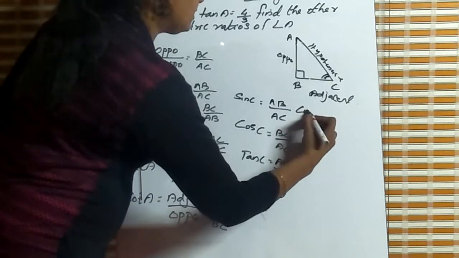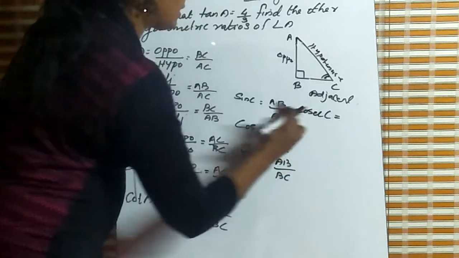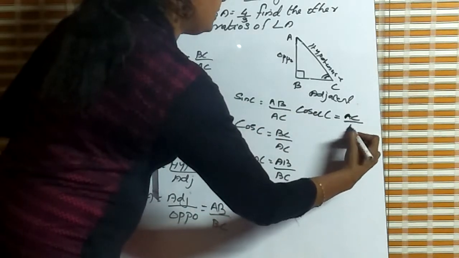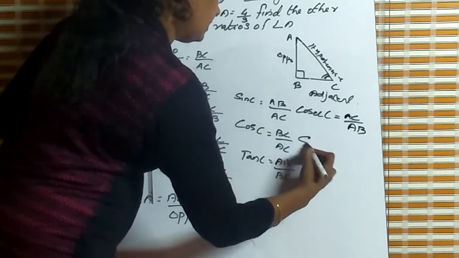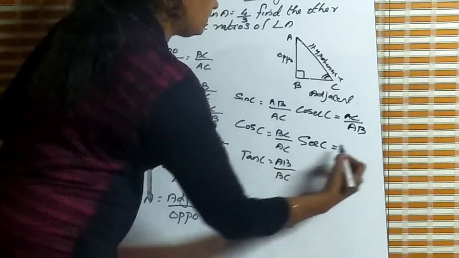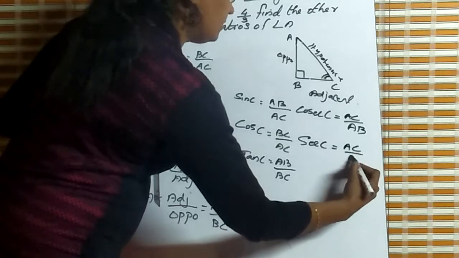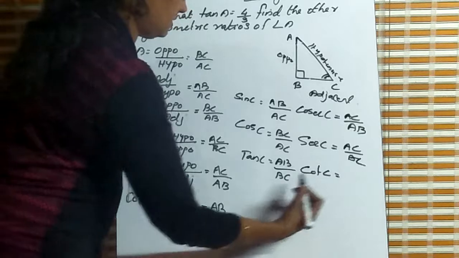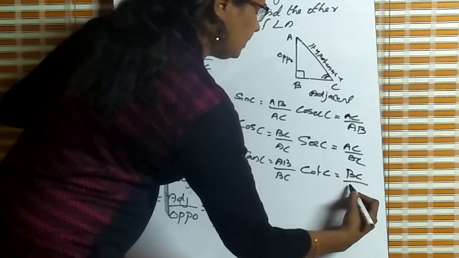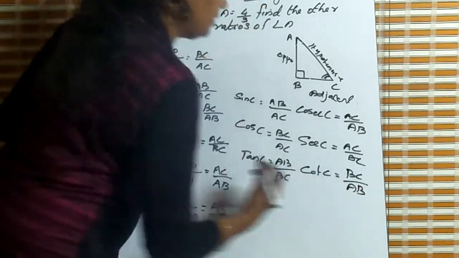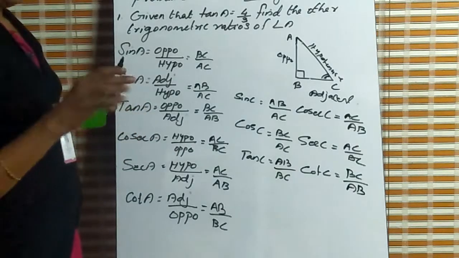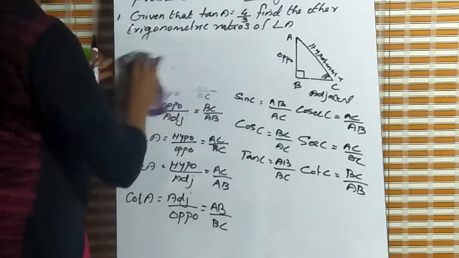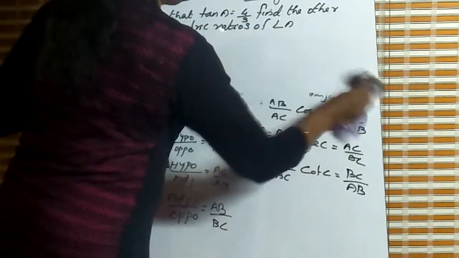Then cosec C is the reciprocal of sin C equals AC by AB, and sec C is the reciprocal of cos C equals AC by BC, and cot C is the reciprocal of tan C equals BC by AB.